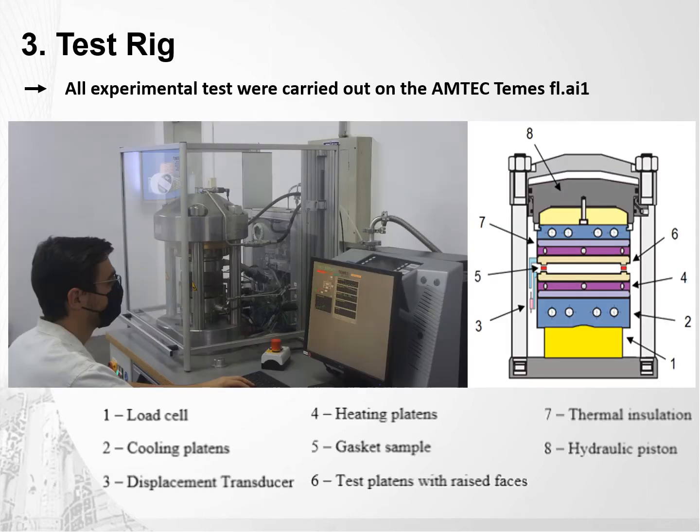All experiments were carried out on an untitled testing machine, which you can see in the picture below. This equipment is a smart press with a hydraulic piston on the top. You can program multiple test procedures and it executes accordingly. It's composed of a load cell to indicate the forces being applied on the gasket, cooling plates, followed by thermal insulation plates to isolate the heating area.